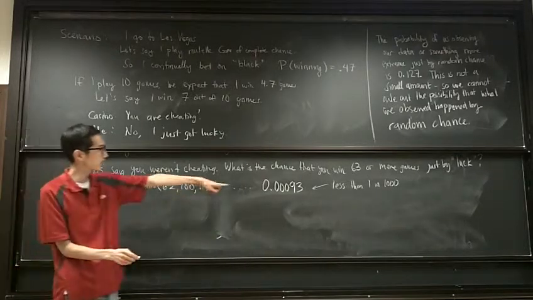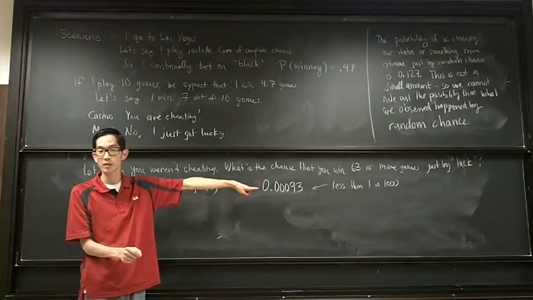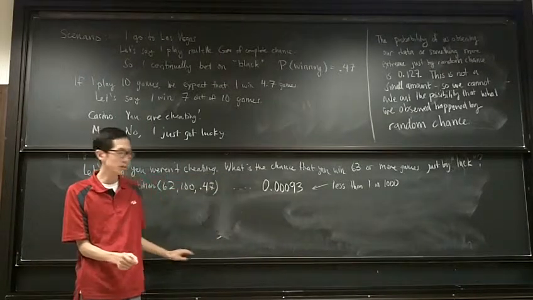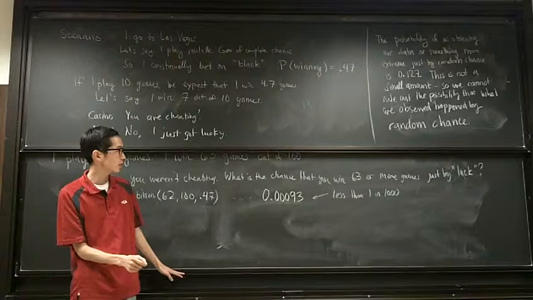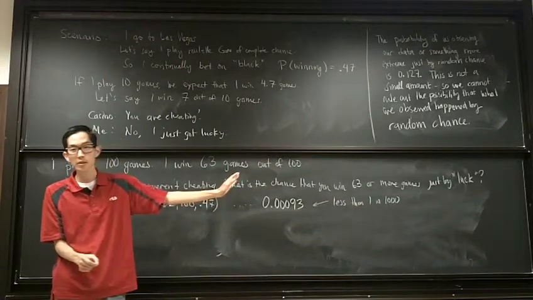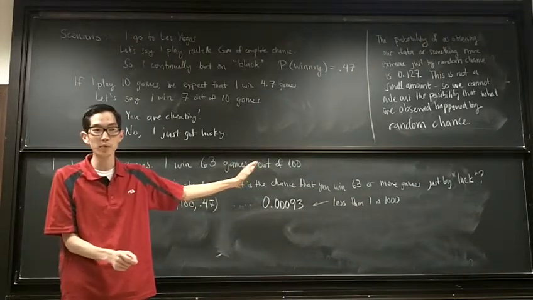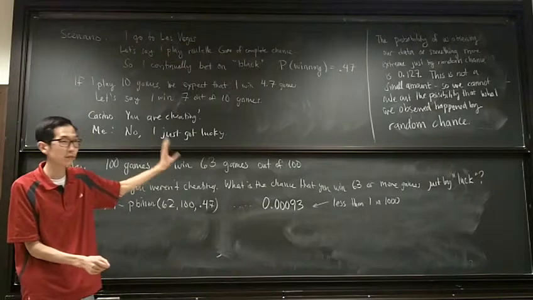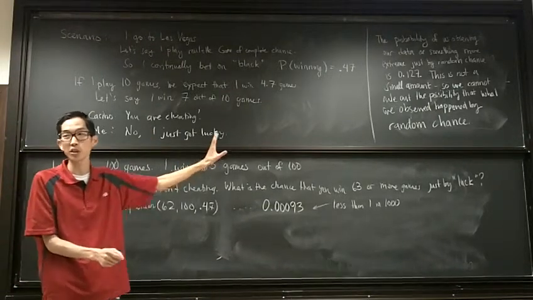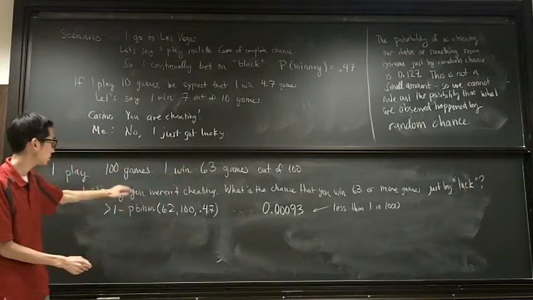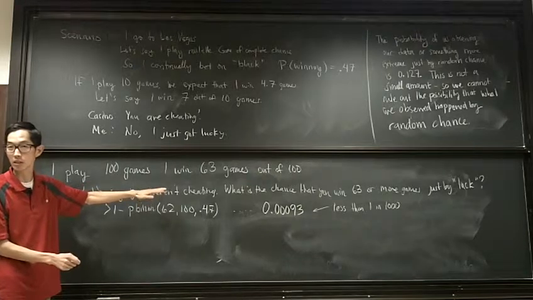So again, what does this number represent? This is the probability of winning 63 out of 100 games or more, or basically the probability of observing my data or something more extreme if we assumed that I weren't cheating, okay?